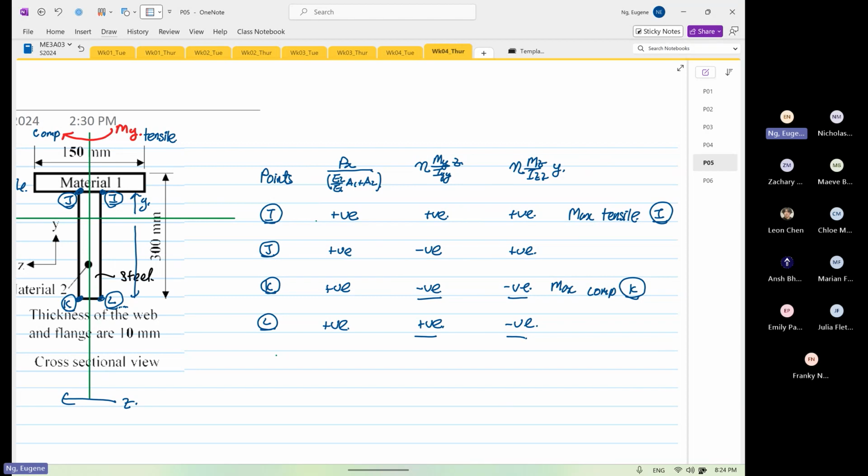So K will have the maximum compression. So the question asks for maximum stress. Okay, down here you have tensile and compression.